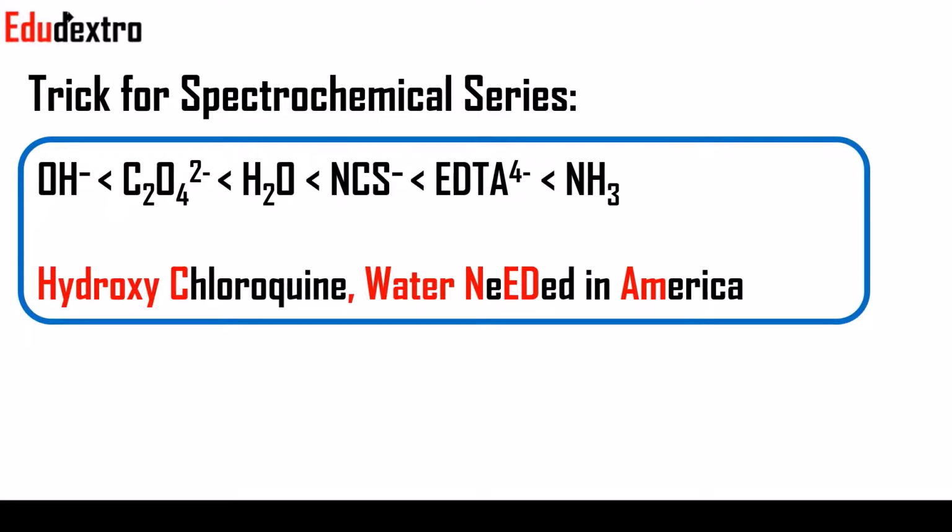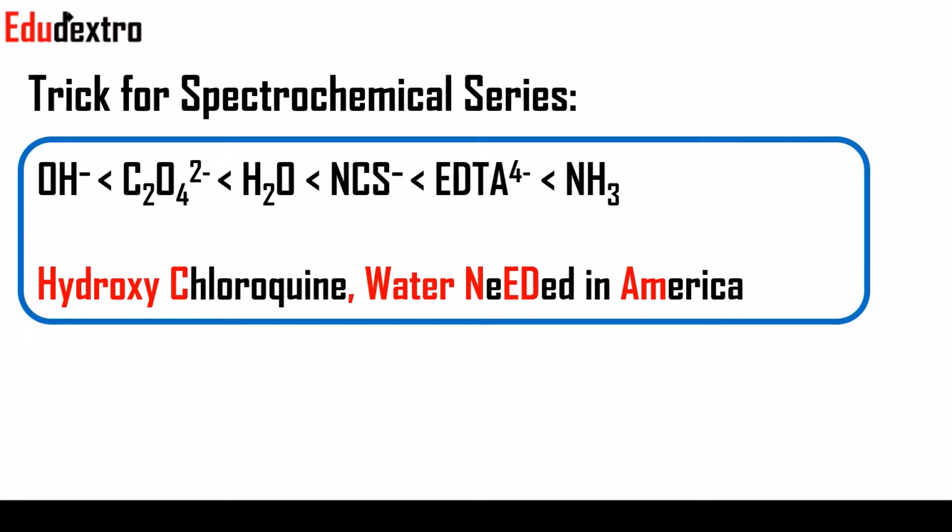From chloroquine we are taking the C, and this C stands for C2O4 2 minus, which is the oxalate ion. Now this chloroquine is not a chloride ion, it is the C2O4 2 minus ligand. Then we have water, which is the H2O ligand. Then we have N from needed, which is the NCS minus ligand.